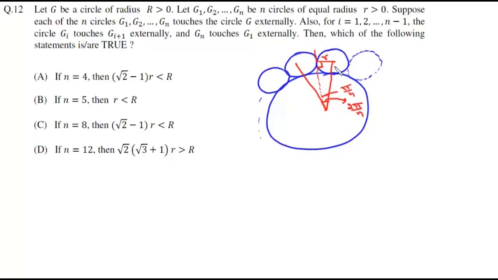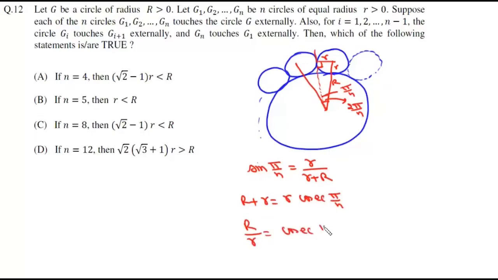This small radius is r, this is r, and this capital radius is capital R. So from here we can write sine pi by n will be equal to r upon R plus r, or we can write R plus r is r cosec pi by n, or we can write R upon r equals cosec pi by n minus 1. So from this figure we have got this relation.